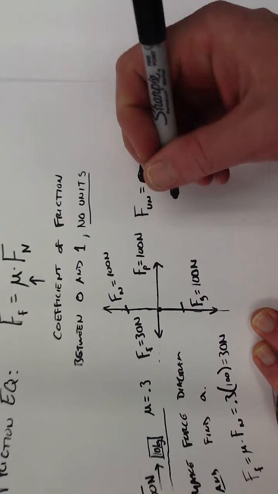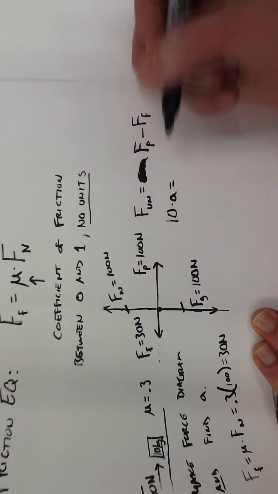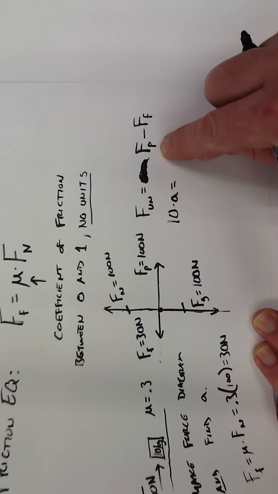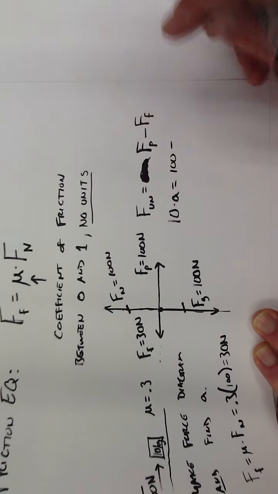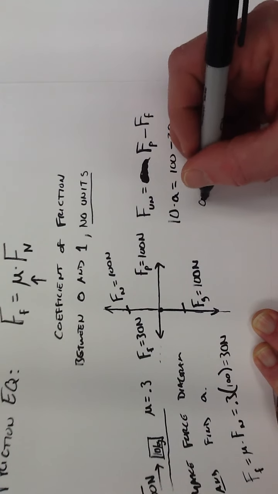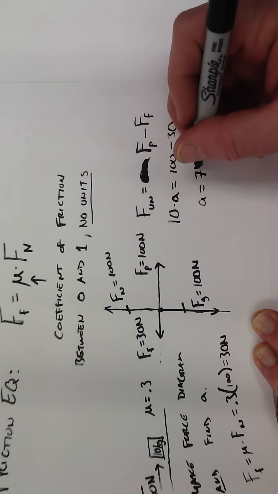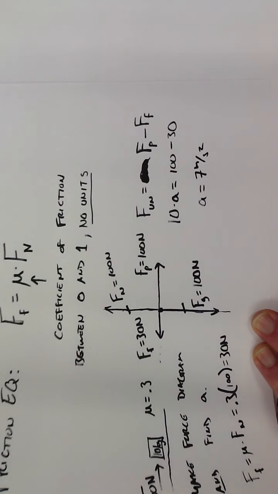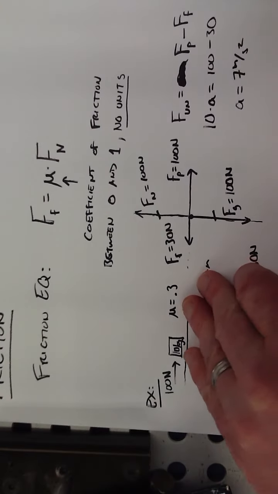So unbalanced force is mass times acceleration, and the pushing force is 100. The friction force is 30. So the acceleration, 100 minus 30 is 70 divided by 10 is 7 meters per second squared. Well, there's a friction problem done for you.